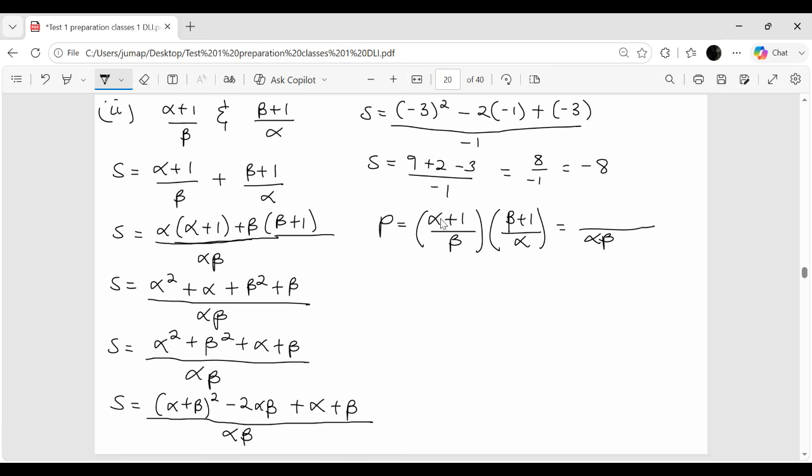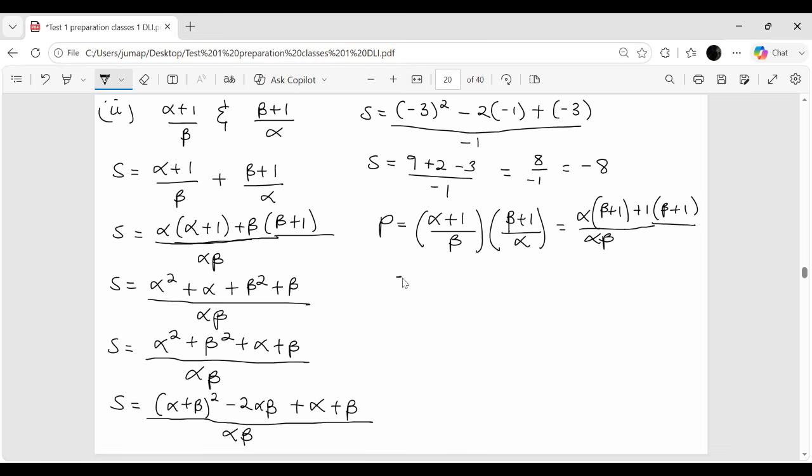Then on top, I'm going to have alpha multiplying with beta plus 1, then plus 1 multiplying with beta plus 1.